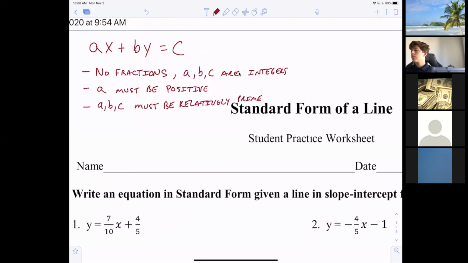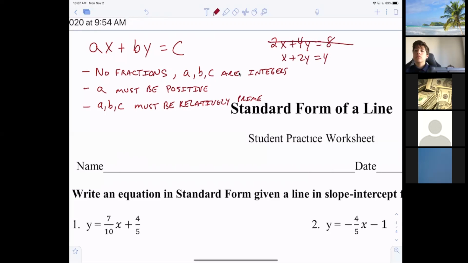For example, 2x plus 4y equals 8 is not written in standard form because I can divide it by 2. And x plus 2y equals 4 would be standard form, not the 2x plus 4y.